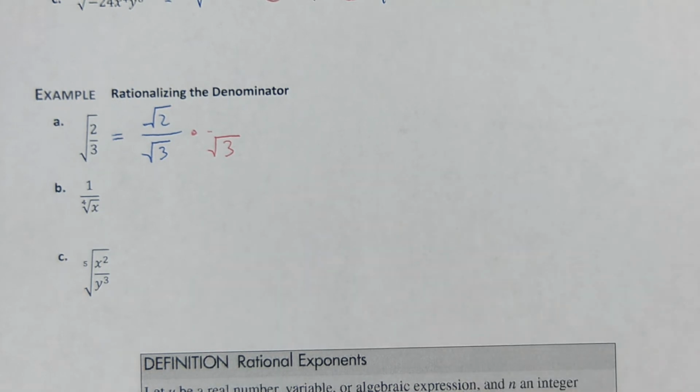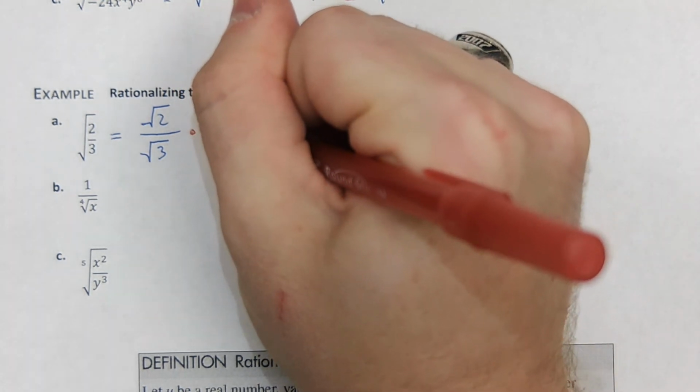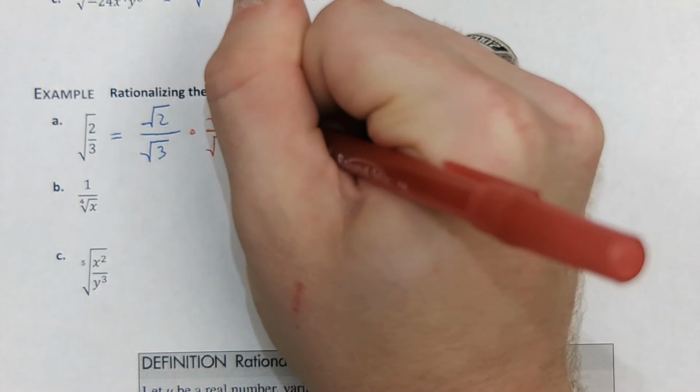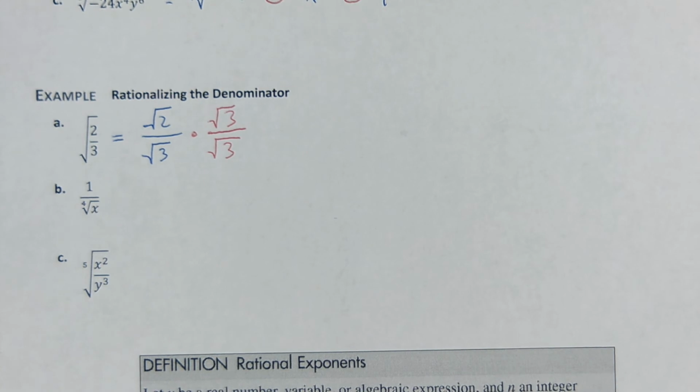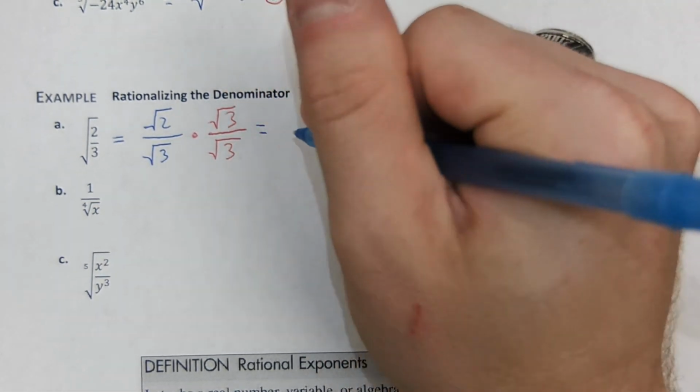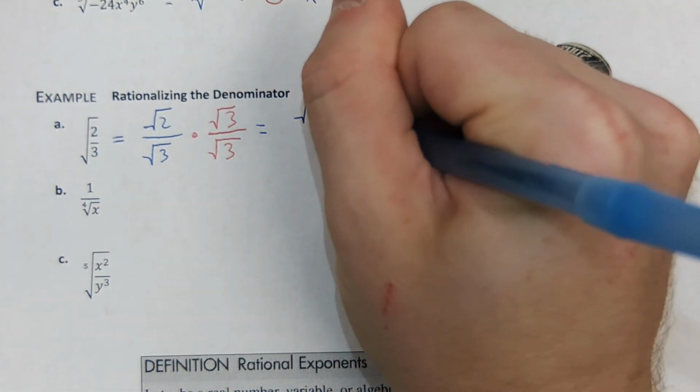But you can't just multiply a number to the top of a fraction. You have to do it to the bottom. You have to multiply it to the top and the bottom to make sure that technically you're multiplying by 1. So multiplying by 1 doesn't change anything mathematically. It'll manipulate the way it looks, but it hasn't changed its value. On top, this will give us the square root of 6.